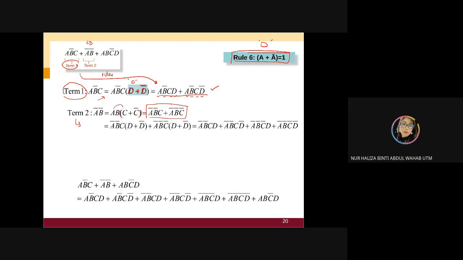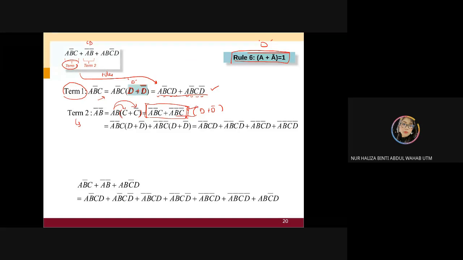After you multiply, you can see, oh, it is still not yet standard. That's why you're going to multiply all these term 2 with your D plus D bar. So it's going to be like this.